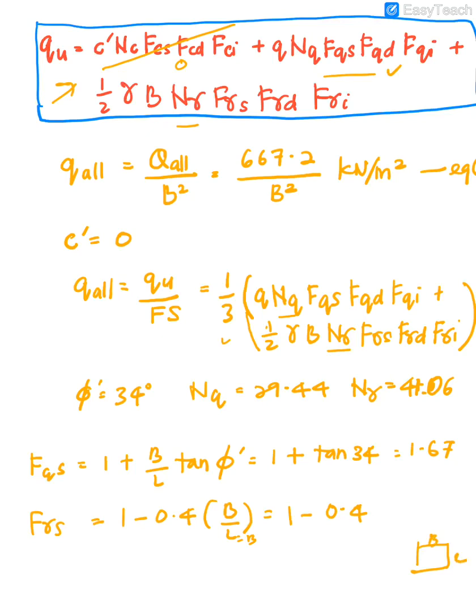But in this example, the shape of the foundation is square, so B times B. The L becomes B, so B over B equals 1. So 1 minus 0.4 equals 0.6.